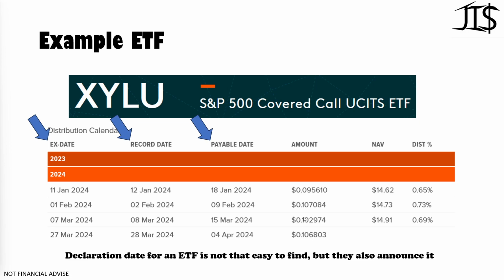But the declaration date, it's always a guess. You should read the documents on the website, and it can be a lot of pages, so struggling through it is a lot of work. You can also do a search find on the PDF, of course, then it goes faster.